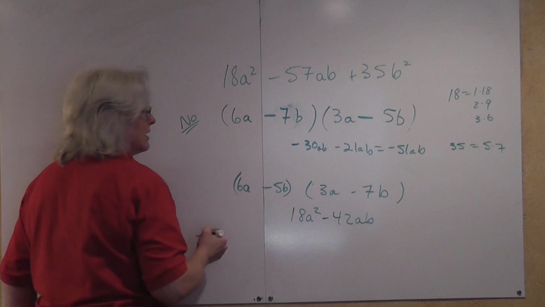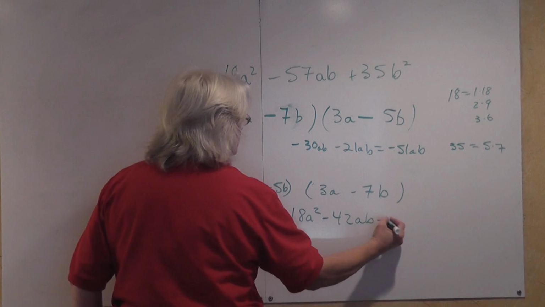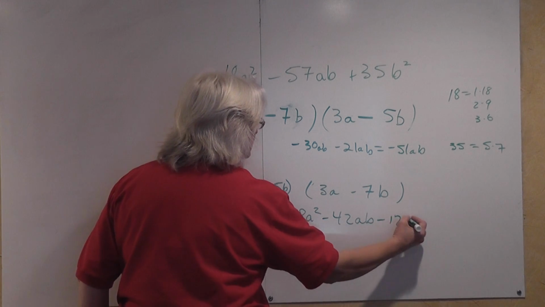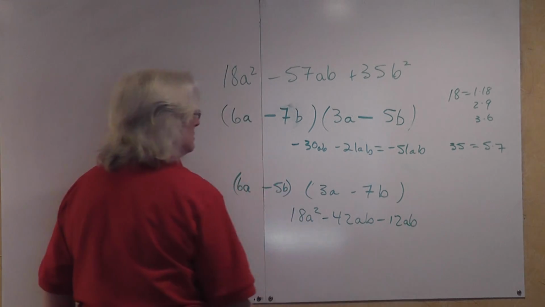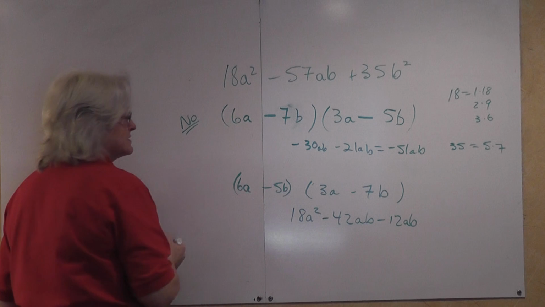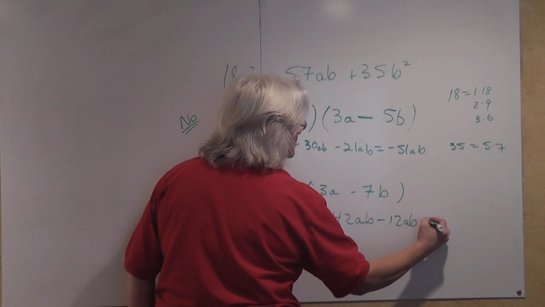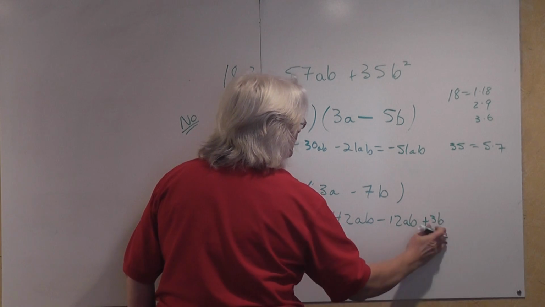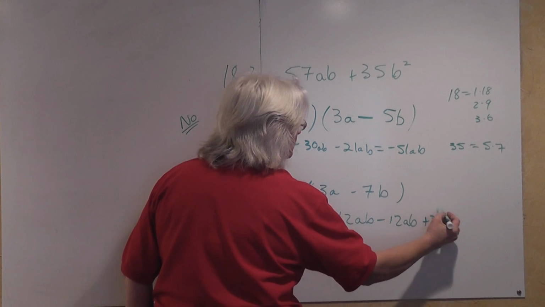Negative 5b times 3a, negative 12ab, negative 5b times negative 7b, plus 35b squared.